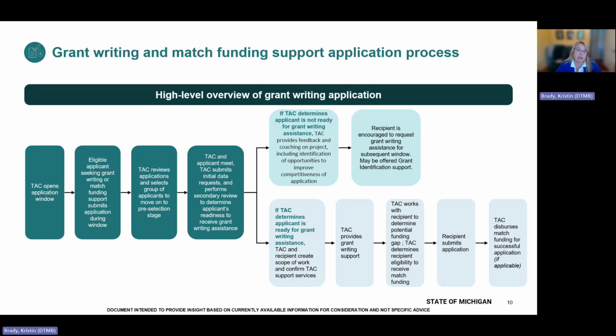They'll understand why, and we'll also provide coaching on the project, including potentially identifying other grants that might be more appropriate, or identifying ways to beef up the grant and beef up the project application in order to be competitive for the next round. And then once that's done, you would be encouraged to request grant writing assistance within a subsequent window for the project.